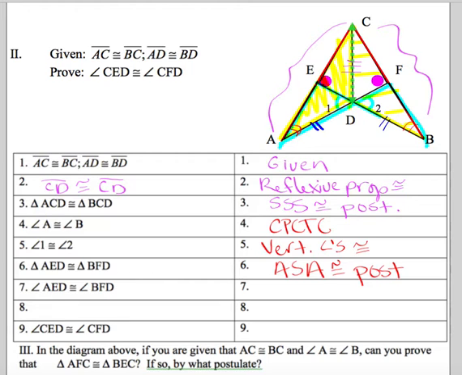And so now what we did was, since we know that these teal triangles are congruent, we are going to use this angle here that's next to the angles that are our goal. And we know that these angles are congruent because of CPCTC. The corresponding parts of congruent triangles are congruent.